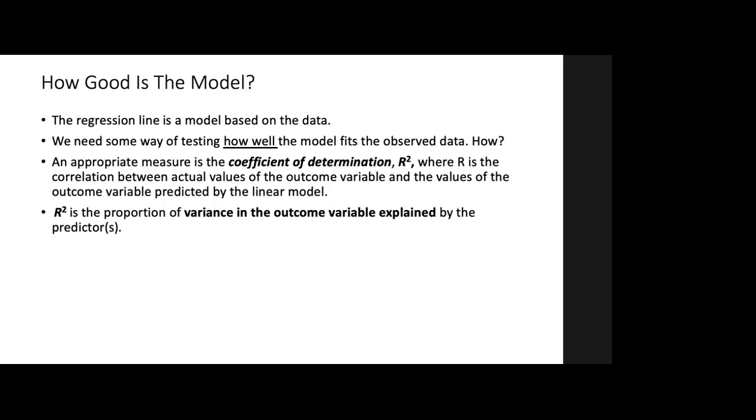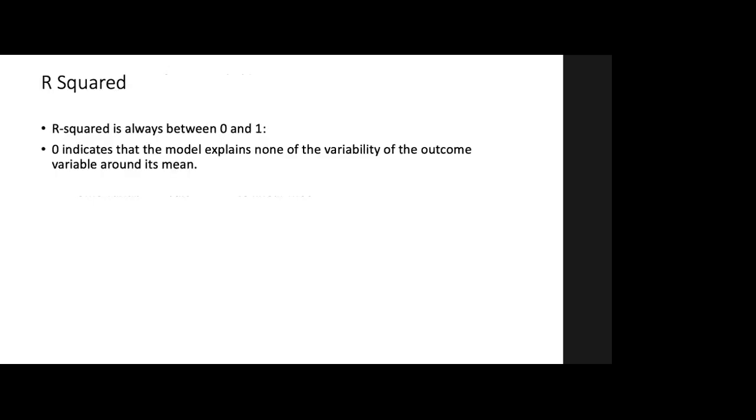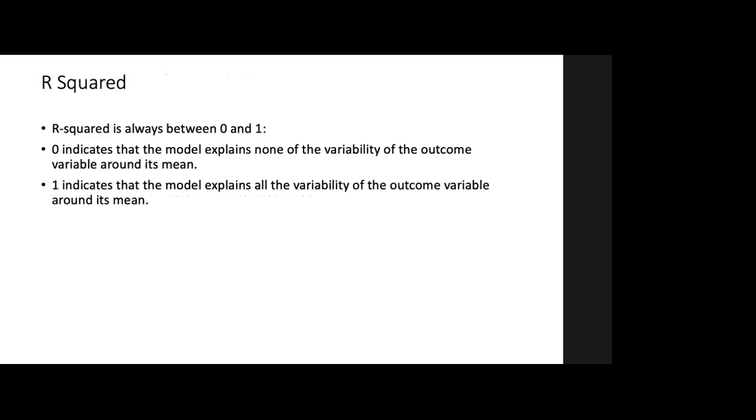Of course, the more I can explain, the better my model is. Because it's a proportion, R squared is always between 0 and 1. If it's 0, the model explains none of the variability in the outcome variable around its mean. If it's 1, the model explains all of the variability. That would be a deterministic relationship.